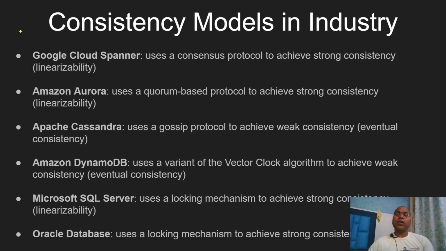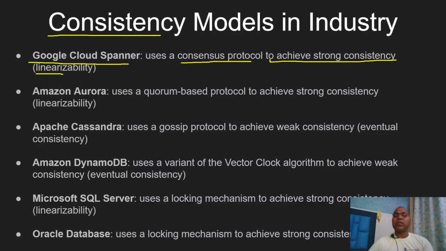Similarly, this kind of consistency is needed in different systems. If you talk about Google Cloud Spanner, they use a consensus protocol to ensure strong consistency.